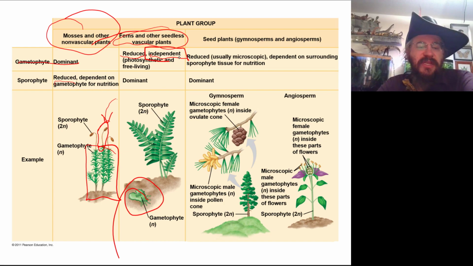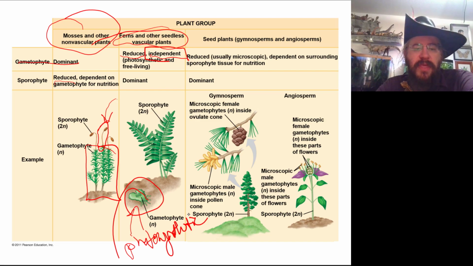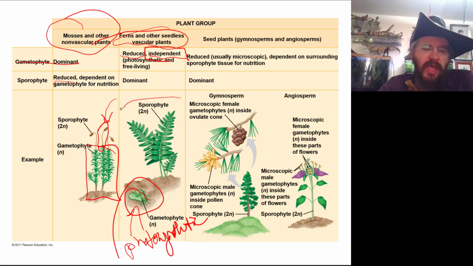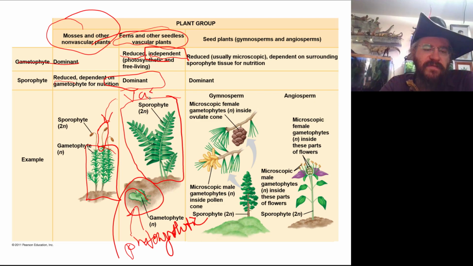For most of the seedless vascular plants, that means that the gametophyte is photosynthetic and thus able to get nutrients on its own and lives free on its own. Then we have the sporophyte over here, which is the dominant life stage. And also the sporophyte is where we find our vascular tissue, right?